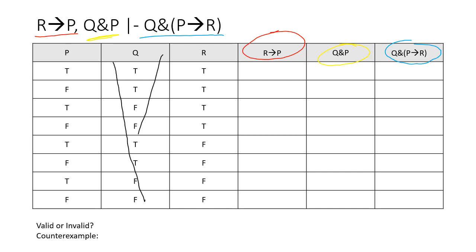We'll ignore this one. Again, I have to emphasize this one is the arrow, so you have to make sure that you focus on which side's the left side and which side's the right side. In this situation, the R is our left side or our antecedent right there, and our P is our right side or our consequent right there.